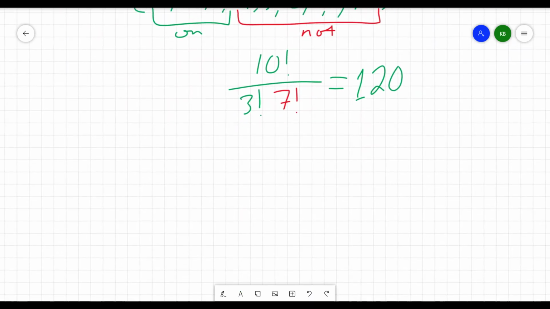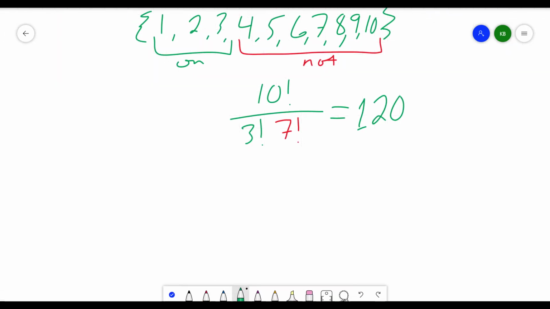Now again, we can generalize this. So notice I have n factorial in my numerator. I have r factorial in my denominator. And my other number, the other size of my partition, was really n minus r. And I took the factorial. So 10 minus 3 gave me 7.